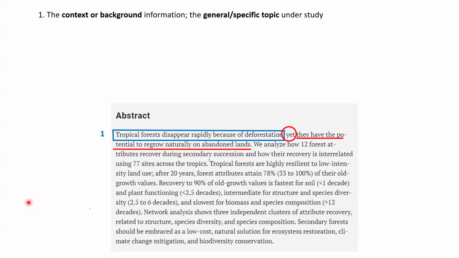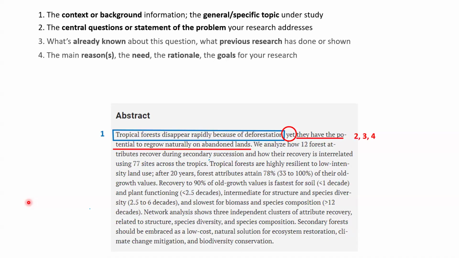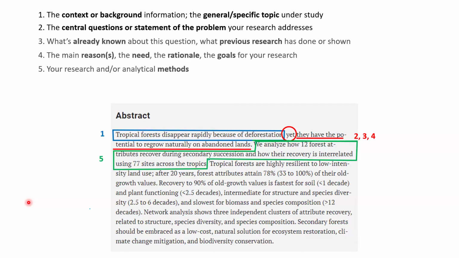Now, this sentence, even though it is part of a sentence, gives three types of information: the central question, what is already known, and the goal of the research. And then the next sentence, "we analyze how 12 forest attributes recover," and so on. So there is the methodology.